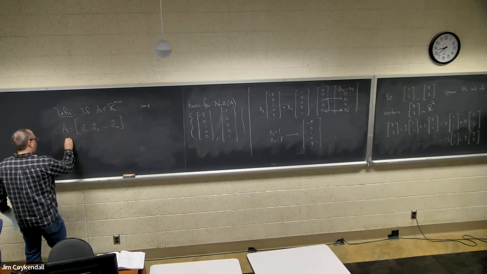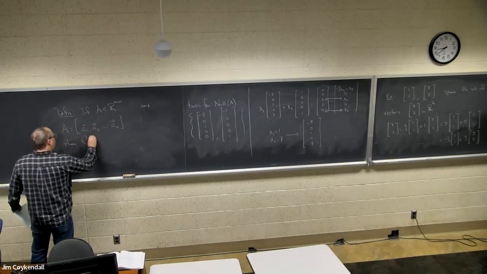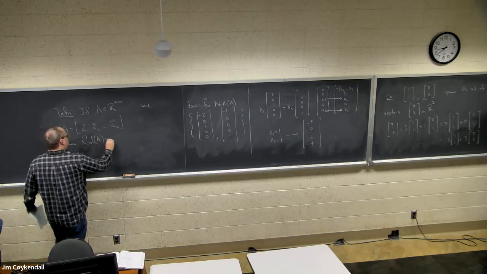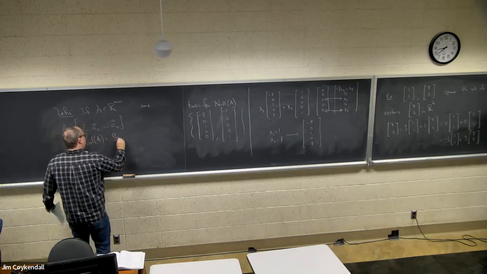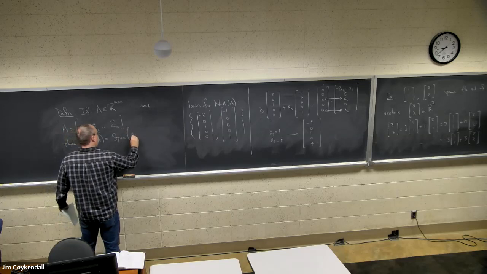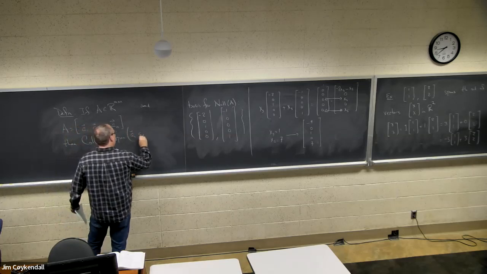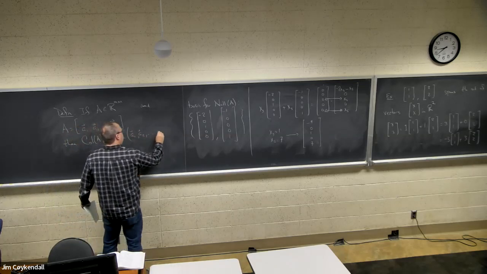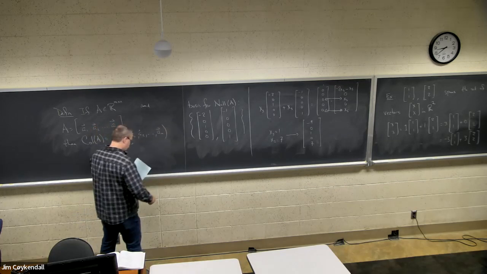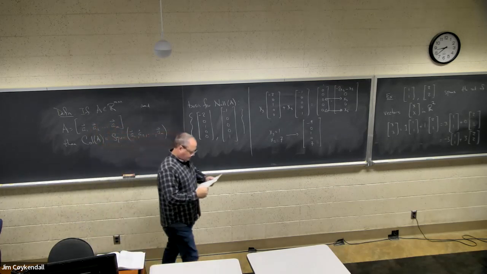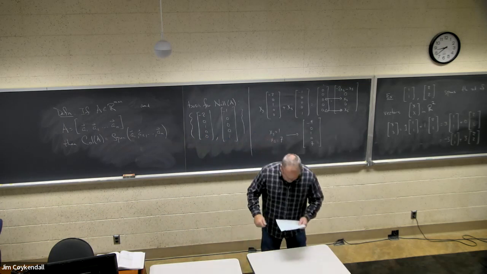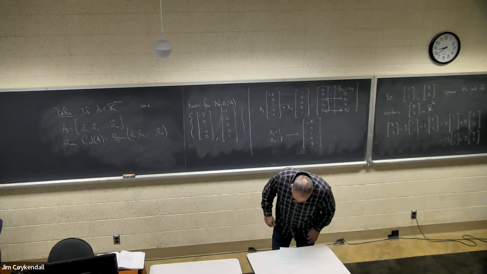Then the column space is the span of the columns. Column vectors, that's all.